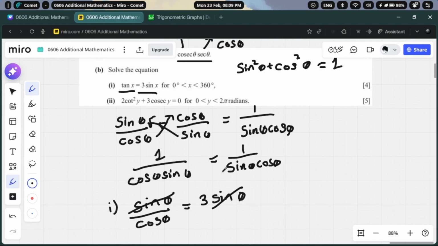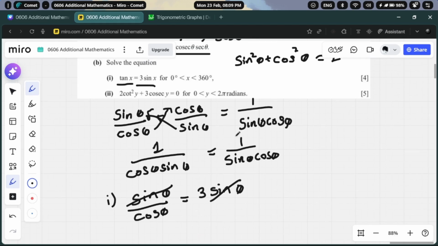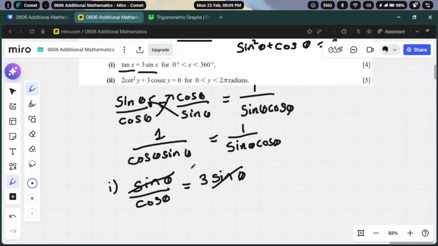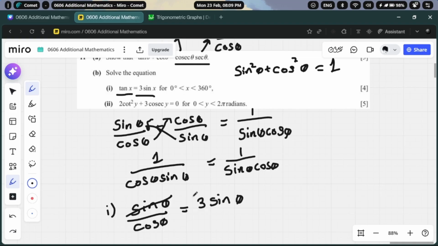But that's actually wrong, because for these types of questions, when you cancel two like factors, you're basically eliminating a possible answer. So that's why you would not cancel this. You'd hold on to this factor for now.